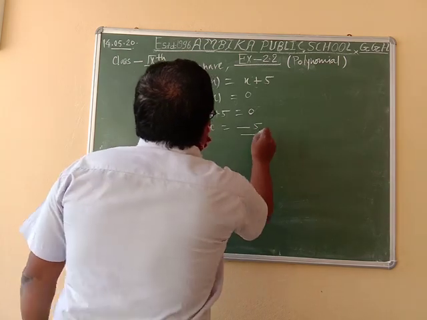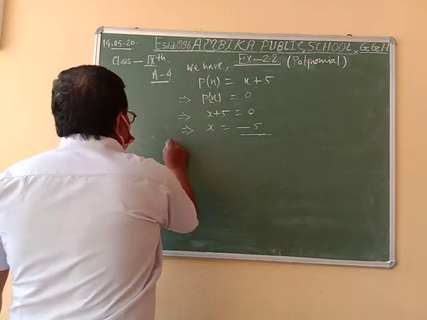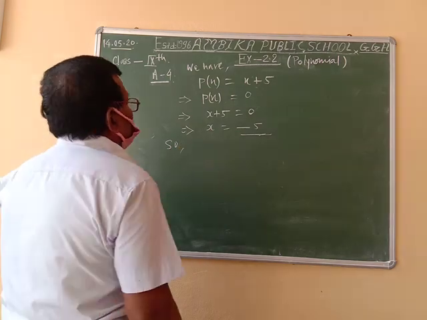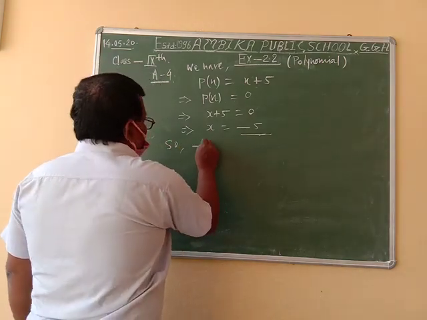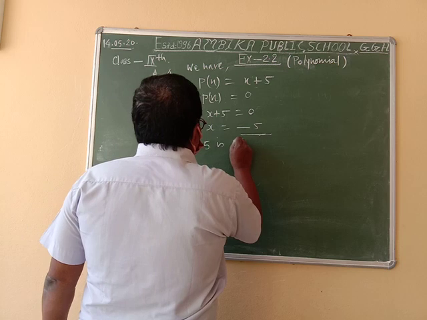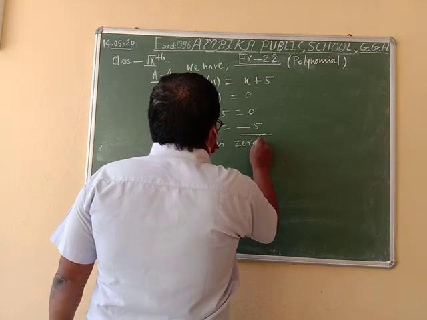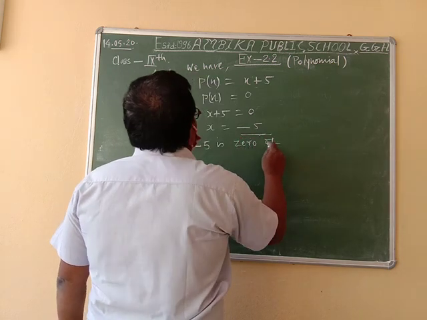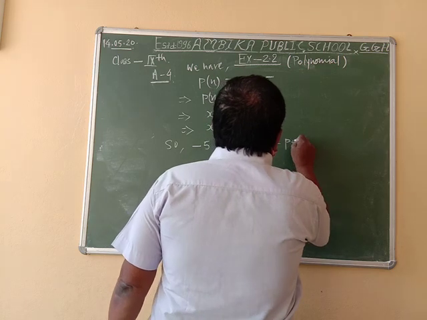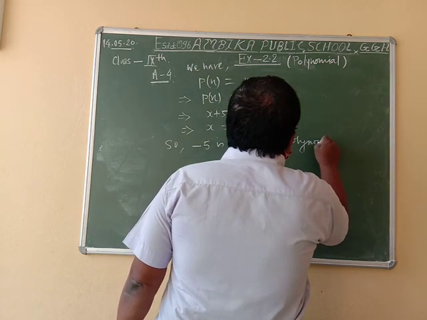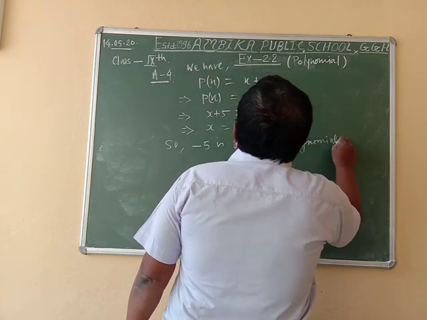So minus 5 is a zero of polynomial p(x).